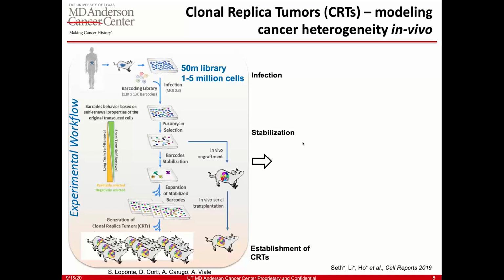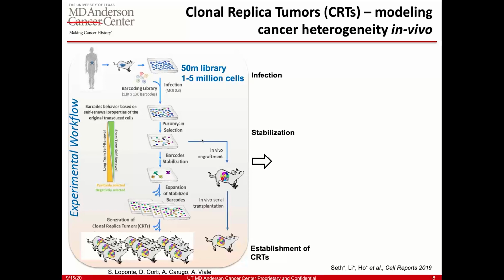To walk you through the experimental design, we extract tumors from humans and create PDX models. Once these models are able to replicate in vitro, we infect them with this high complexity library, and it goes through puromycin selection and stabilization across several passages. These stabilized barcodes can then be split, and we can create a generation of clonal replica tumors.